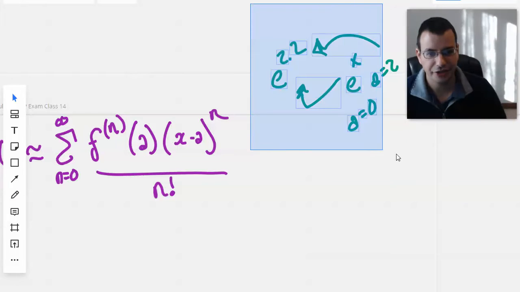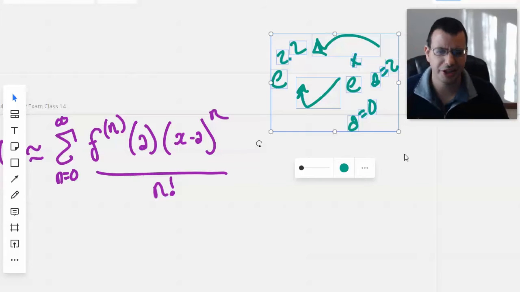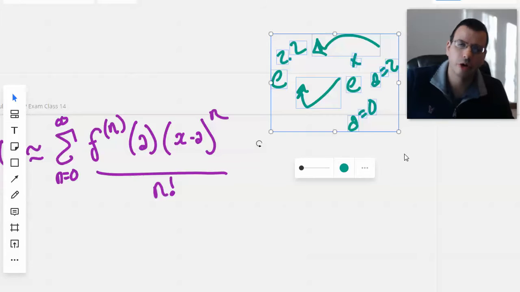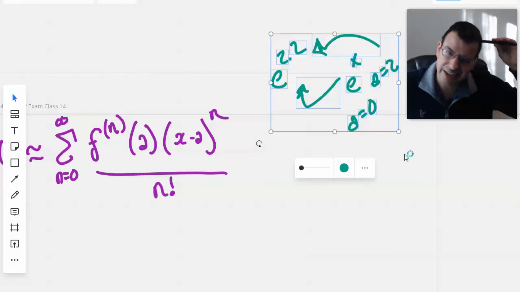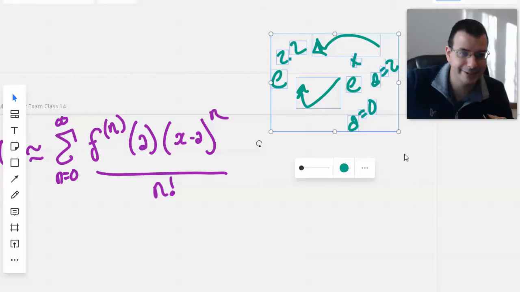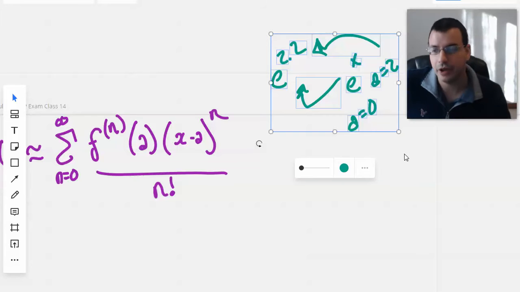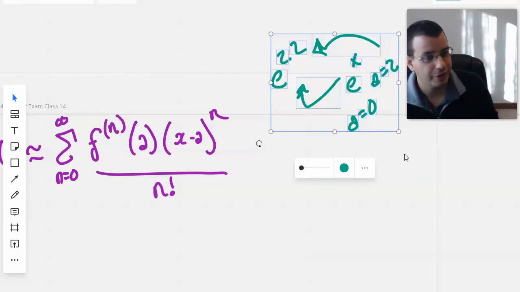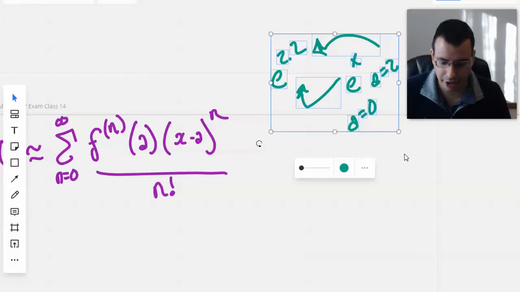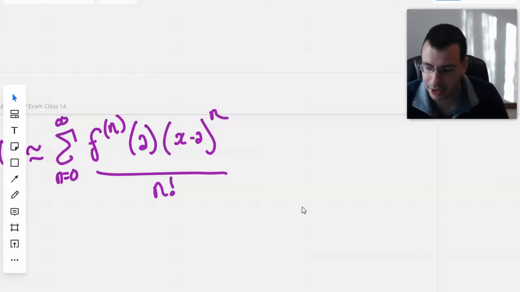A is often just taken to be 0. I think that's called the Maclaurin series, where a equals 0. Is he Scottish? Oh, I'm going to feel bad now if he's not. 1700s, 1800s? 1600s. Oh, I'm going to have to look this up now. I'm sorry, guys.